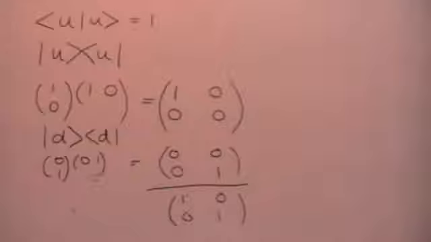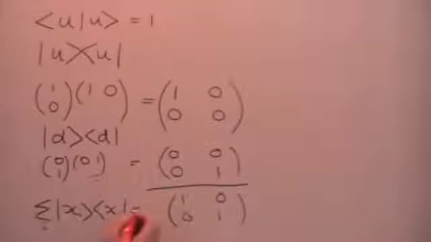And that suggests that if you do the sum over i of |xi><xi|, you will get the identity operator I. That is to say, you take the outer product of the first of the basis vectors, and then you add the outer product of the second of the basis vectors.